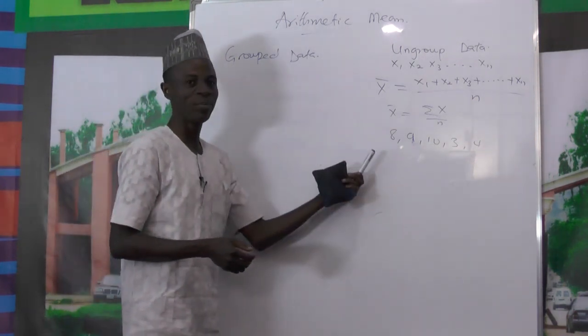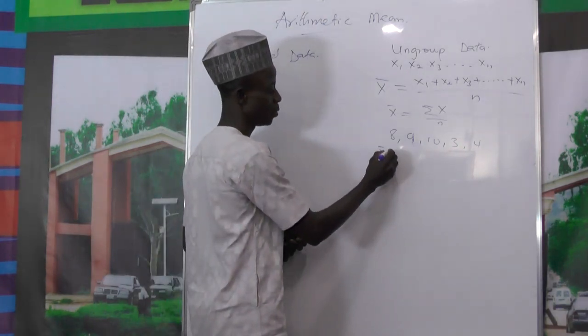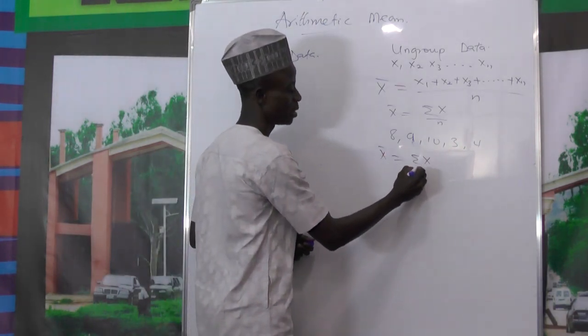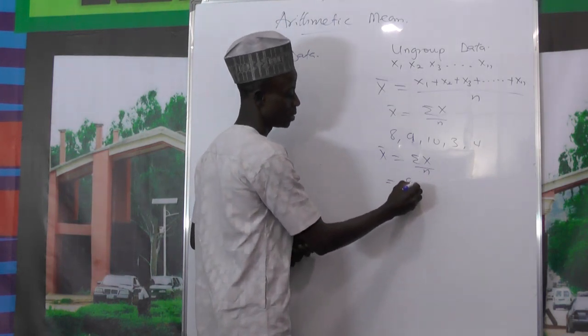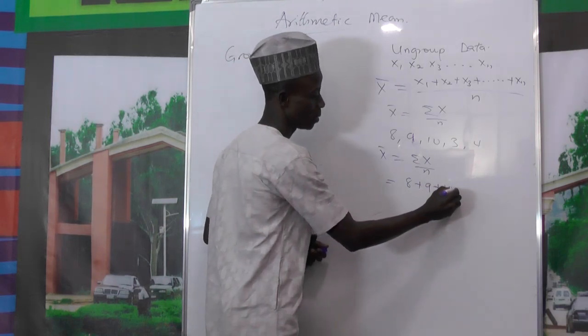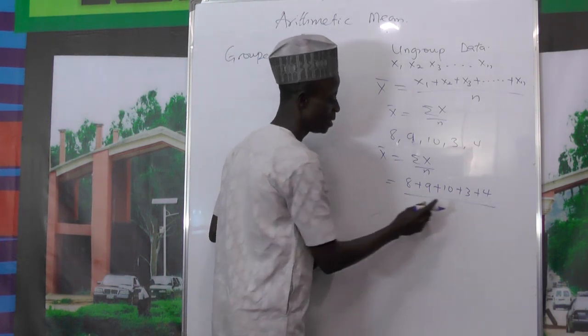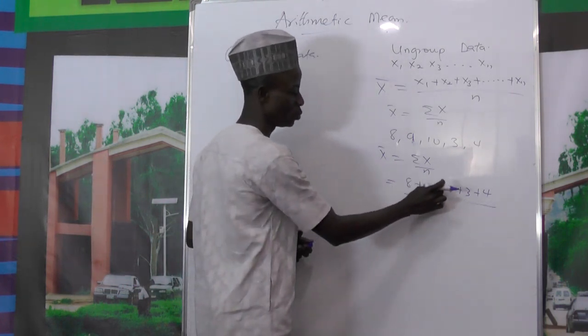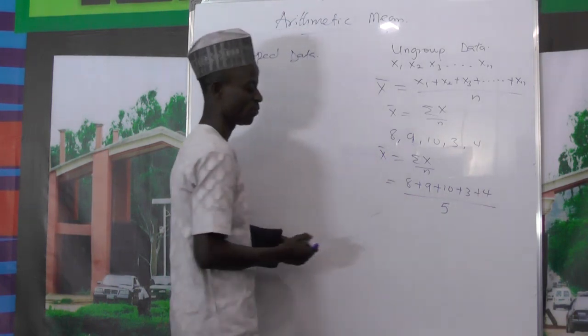To compute the mean, x bar, which is the sum of x all over n, will be 8 plus 9 plus 10 plus 3 plus 4, then you divide by the number of observations, 1, 2, 3, 4, 5, so divide by 5.